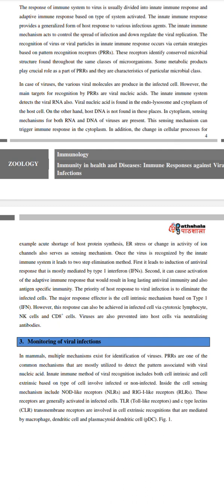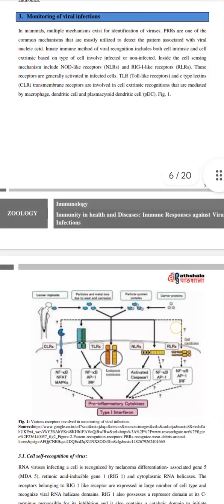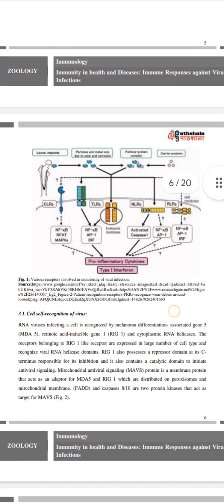Inside the cell, sensing mechanisms include NOD-like receptors, NLRs, and RIG1-like receptors. These receptors are generally activated in infected cells. TLR, toll-like receptors, and C-type lectins, transmembrane receptors, are involved in cell extrinsic recognition and are mediated by macrophages, dendritic cells, and plasmacytoid dendritic cells.